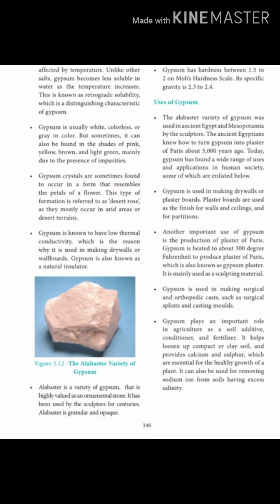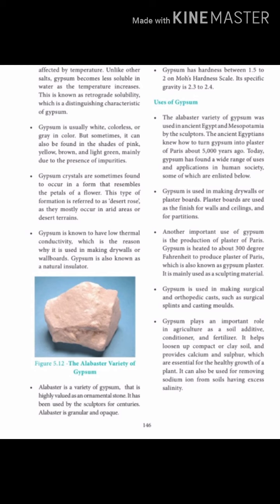Gypsum is used in toothpaste, shampoos, and hair products mainly due to its binding and thickening properties. Gypsum is a component of Portland cement, as already discussed.